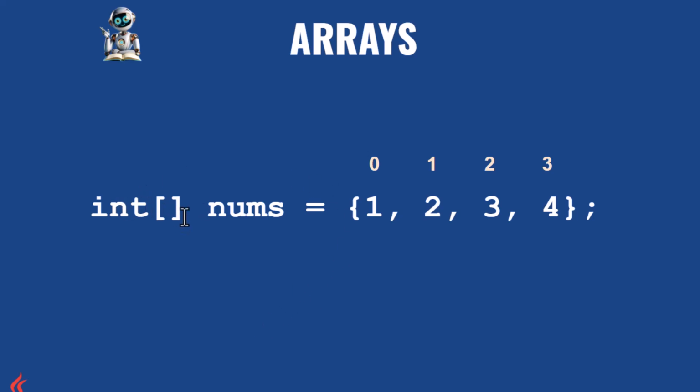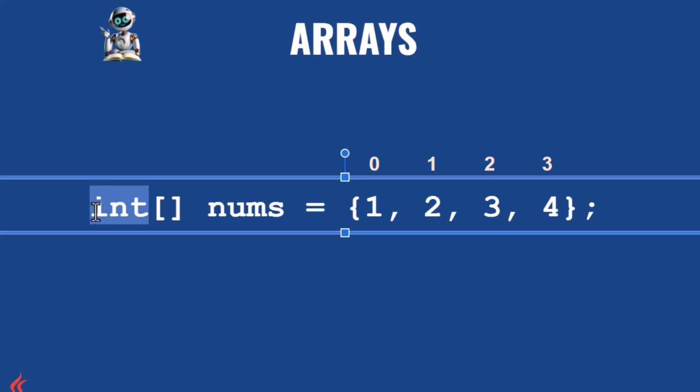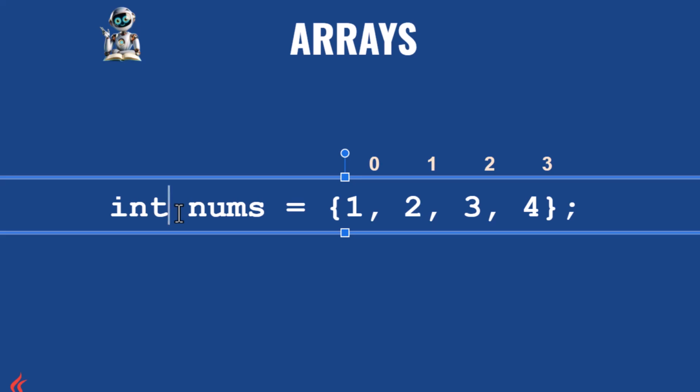This is an array. So we declare it very similar to a variable, except that we're going to include these square brackets. We have an opening and closing square bracket. What that is doing is telling Java, hey, we want to create an array. Now, if I were to take this away, that would just be a regular old variable.